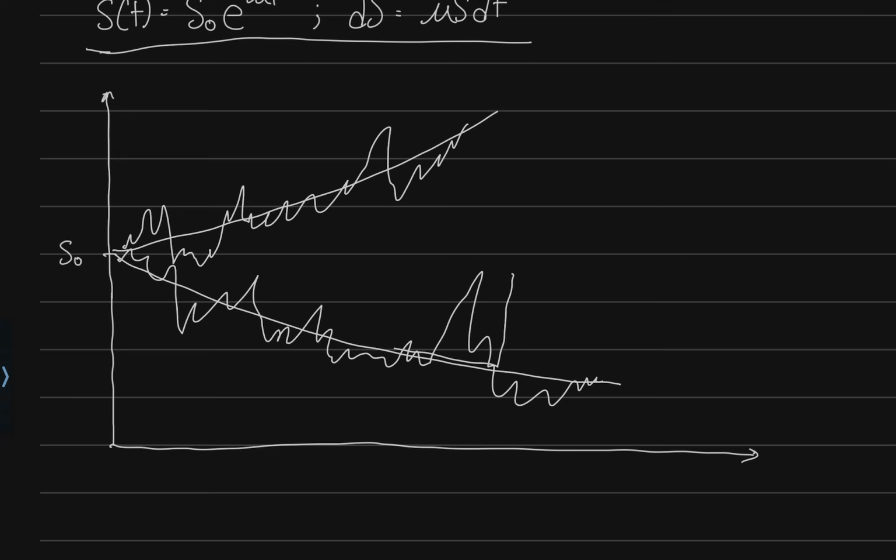So modeling these kinds of movements, these random shocks, is what we will be discussing in the next video, and this is where we will need something called Brownian motion.